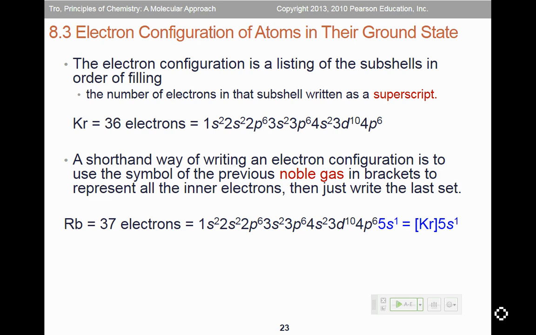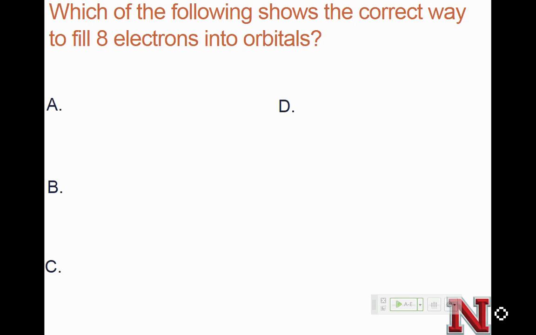So that's why often you'll see krypton in brackets, because that's the noble gas directly before, so the noble gas with the lower quantum energy level. And then everything else is mapped out after. And then you'll see, again, if we look at strontium, which is 38, it'll look exactly the same, but its 5s will have 2 instead of 1 electron. So that's why we can do that. So you'll sometimes see that.